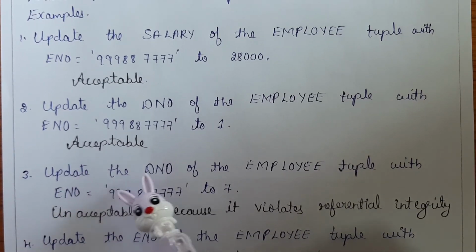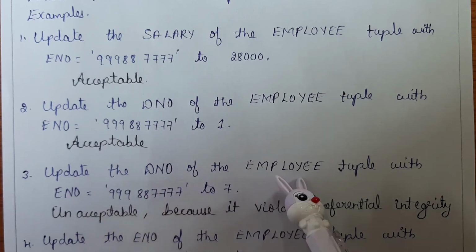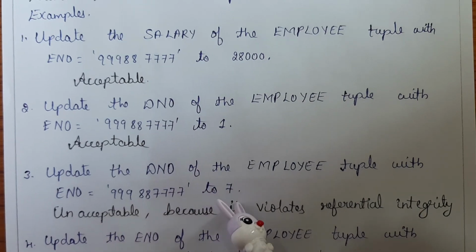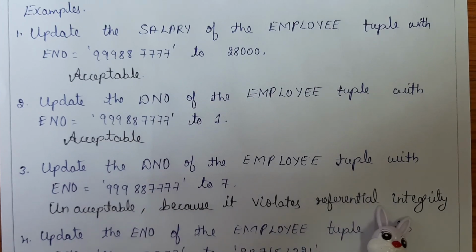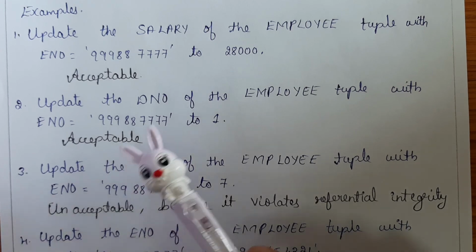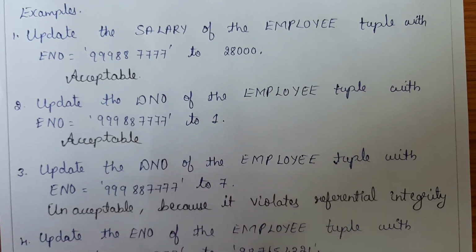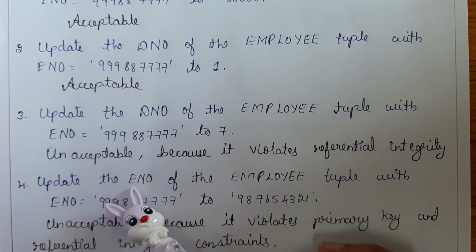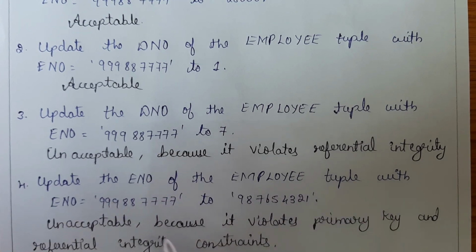Next, update the department number of the employee tuple with this employee number to 7. We specify 7 here. This is not possible because it violates referential integrity. The department number we have referred to may not exist, so at that time the modification may not be possible. Next, update the employee number of the employee tuple with this employee number to another. We are changing the employee ID itself.